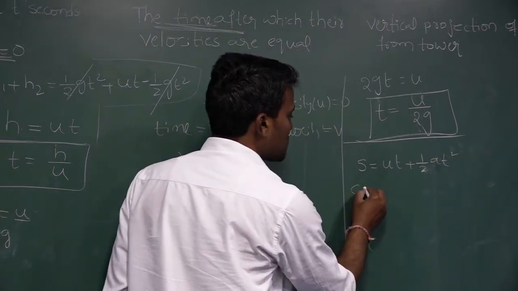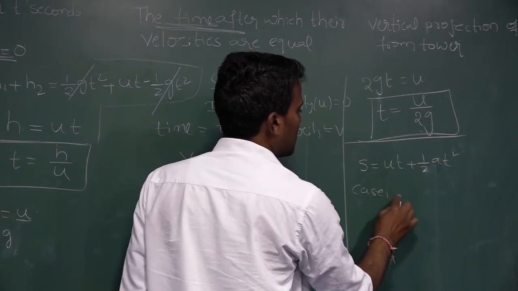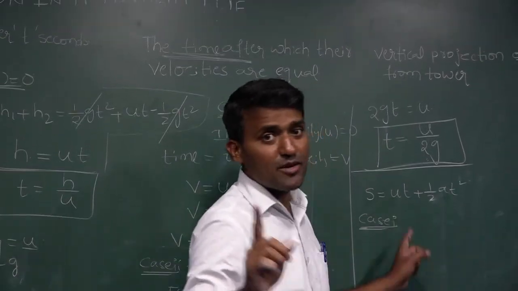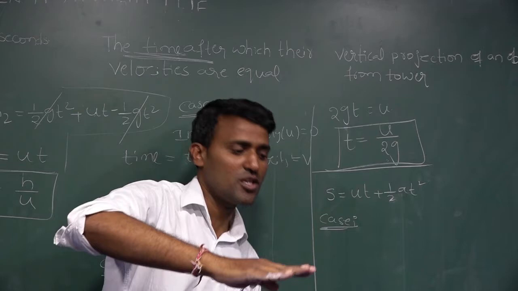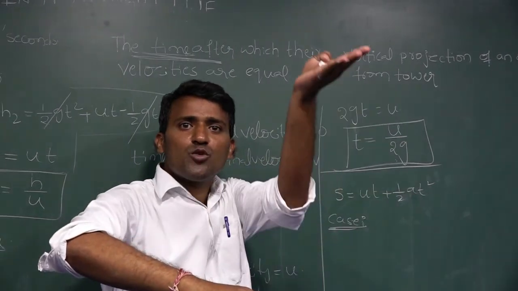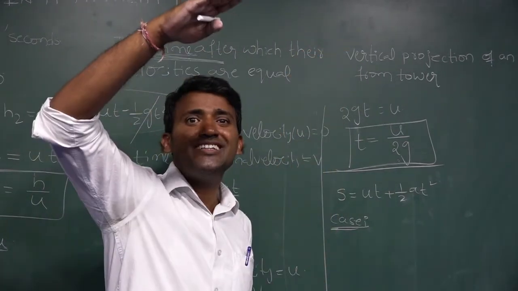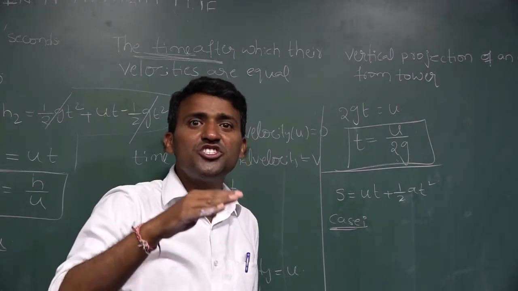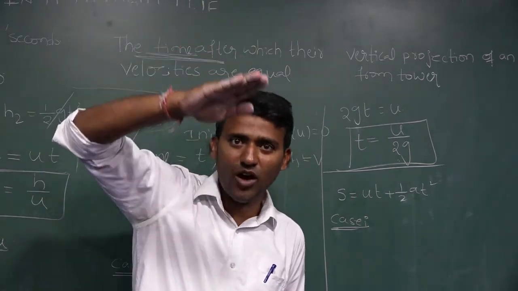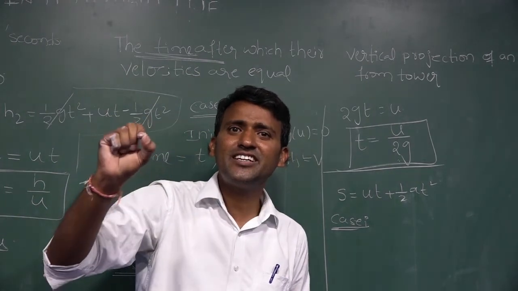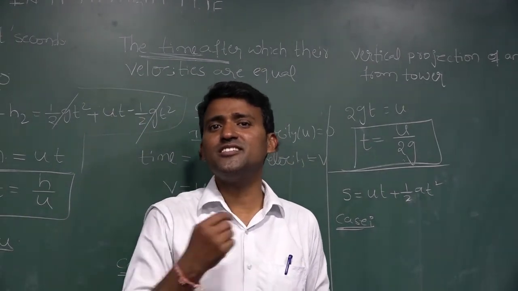Again case 1, I am writing. What is case 1? Every time, case 1 is nothing but an object that is a freely falling body. Case 2 is an object that is vertically projected upward. So in t time interval, how much distance is covered by this particle? First I am calculating when the object is falling downward, in a t time interval, how much distance it covers.